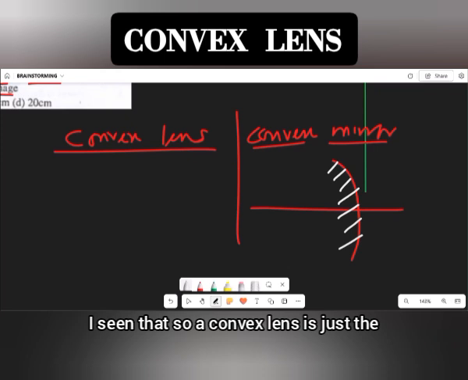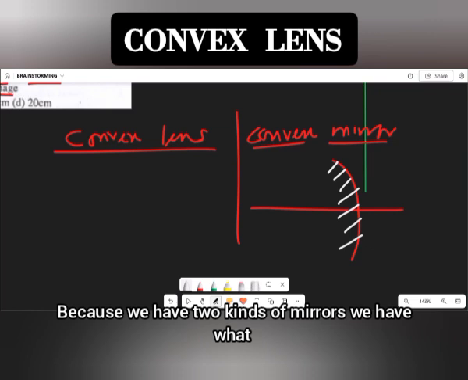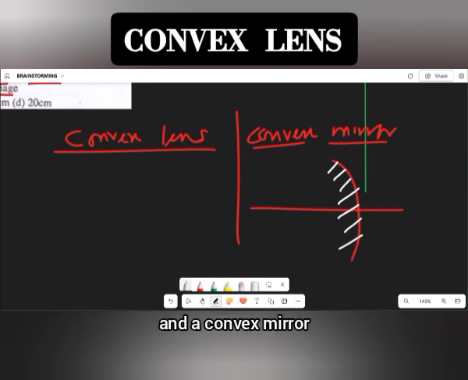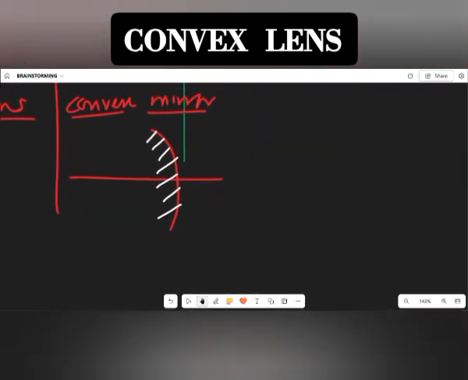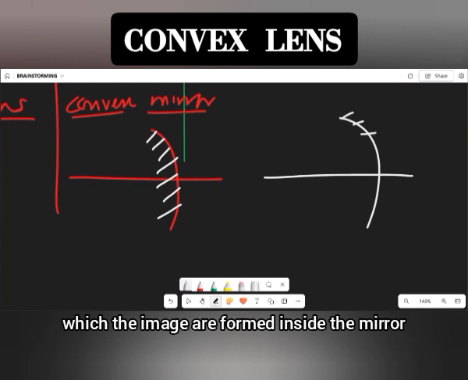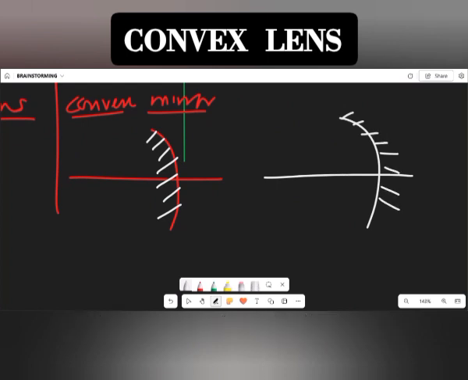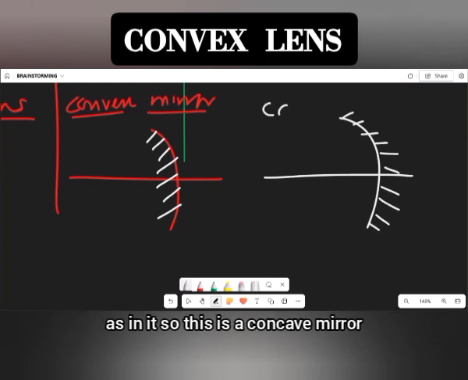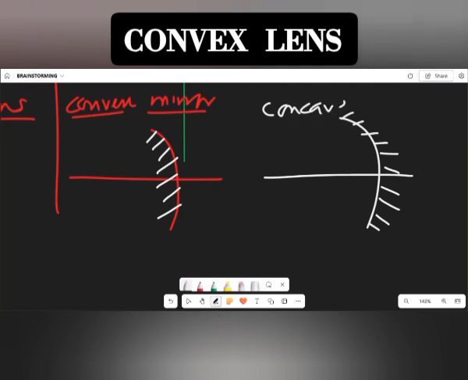A convex lens is just the opposite of a convex mirror, because we have two kinds of mirror: a concave mirror and a convex mirror. A concave mirror is like this, in which the image is formed inside the mirror. So this is a concave mirror.